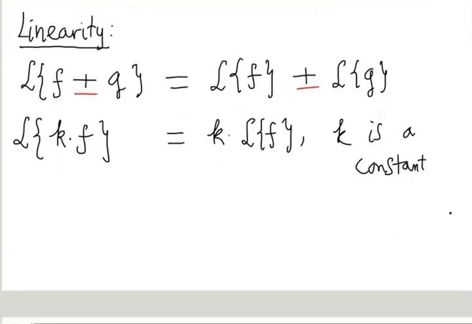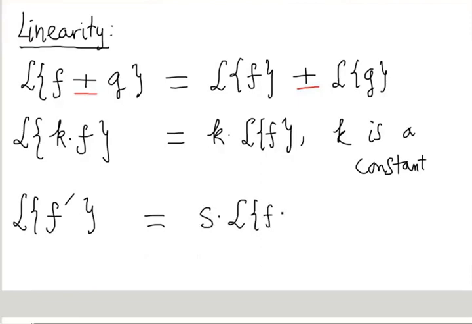We also have the relation between the Laplace transform of a derivative and the Laplace transform of the function. So, for example, the Laplace transform of the first derivative is s times the Laplace transform of f minus f(0).